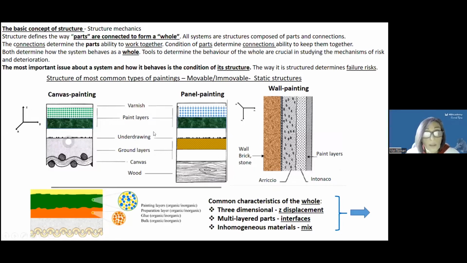We look at a very complicated creation that consists of many layers, and each of these layers is a composite of different materials, both organic and inorganic. So actually we speak about inhomogeneous layered material whenever we speak about a painting that has as a back a canvas, a wood panel, or a wall. They are all complex composites.